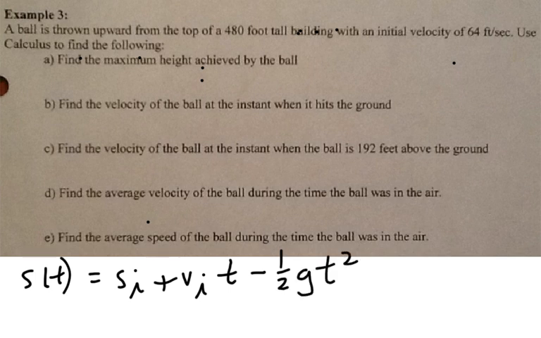And g is a constant, the acceleration due to gravity. Since this problem is working in feet per second, we're going to use 32 feet per second squared. And so when I plug 32 in here, that's going to be 32 times 1/2, which is 16. So negative 16t squared.